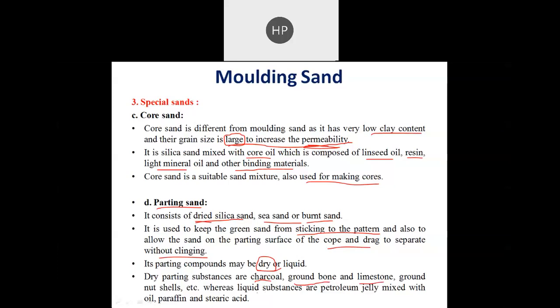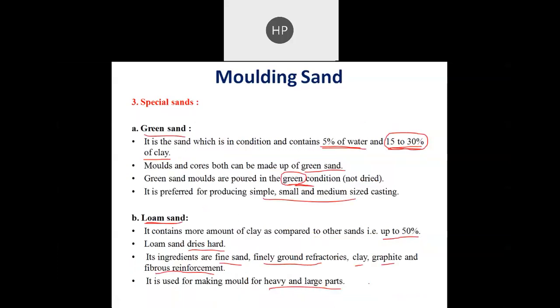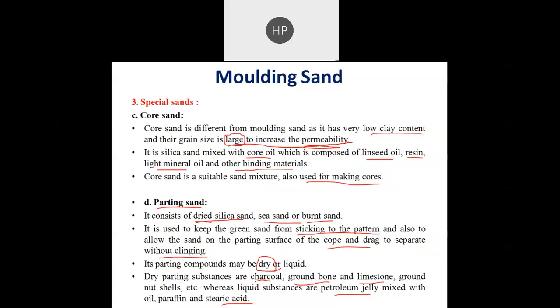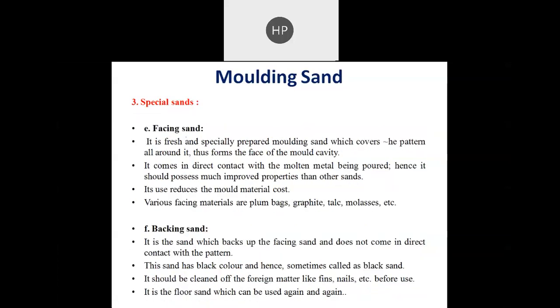In case we use a liquid parting compound, then it has petroleum jelly mixed with oil, paraffin, and stearic acid. So when we use liquid parting sand, these will be the contents, and when it is a dry parting sand, it has charcoal or ground bone or limestone or groundnut shells as its ingredients. So first is green sand, second is loam sand, third is core sand, fourth is parting sand.